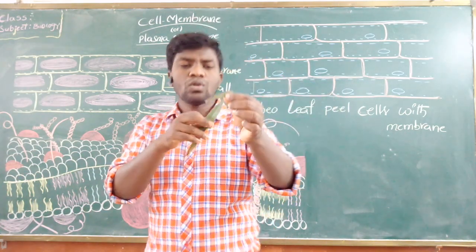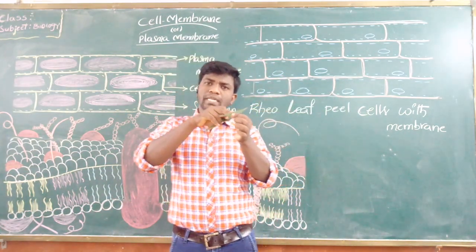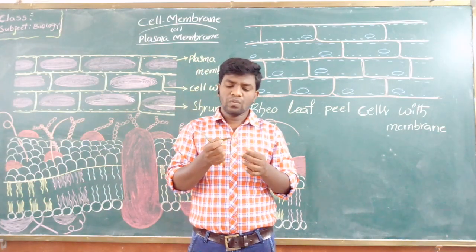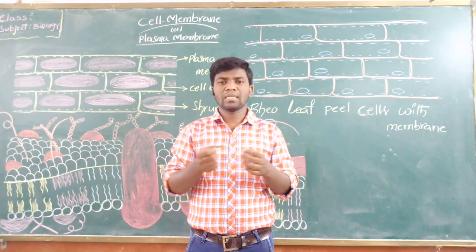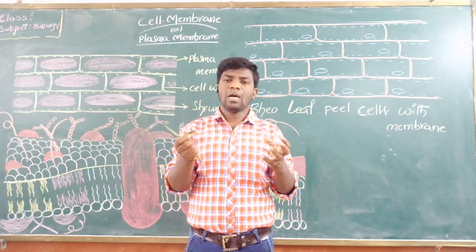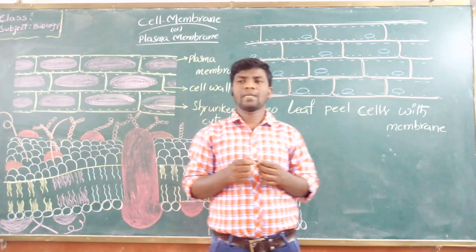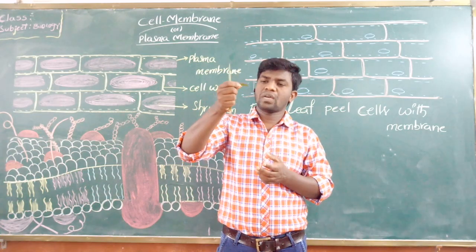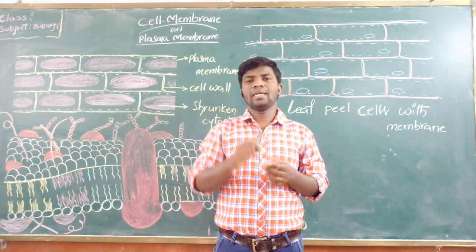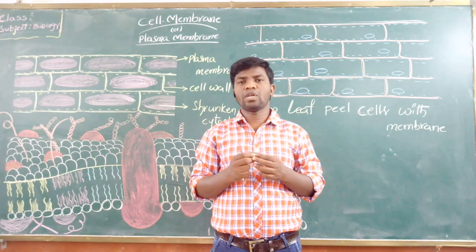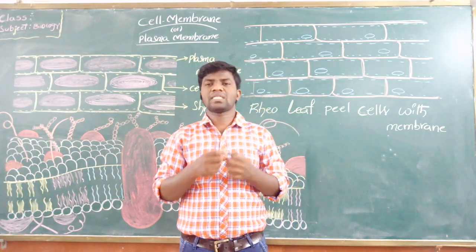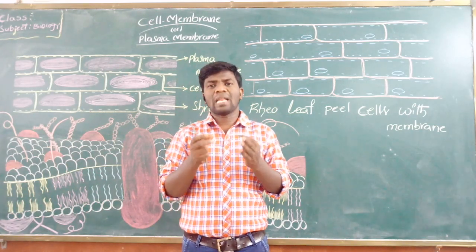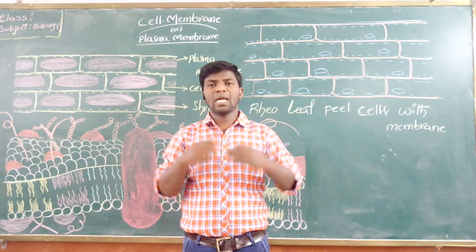Put it on a slide and put a drop of water. We need some required materials to do this activity. I place this transparent piece of Rheo leaf on the slide, then add one drop of water and cover it with a cover slip, as we know about preparing a slide. Then observe the light portion of the leaf under the microscope.